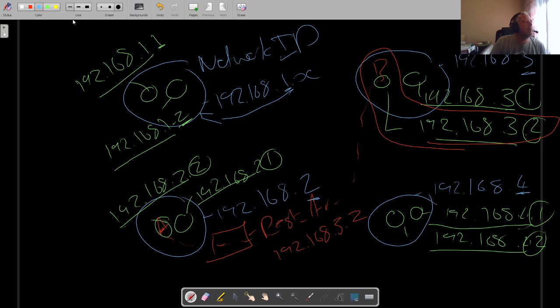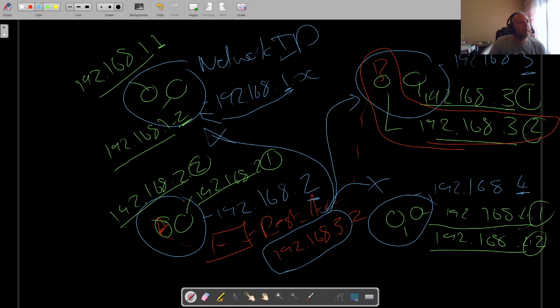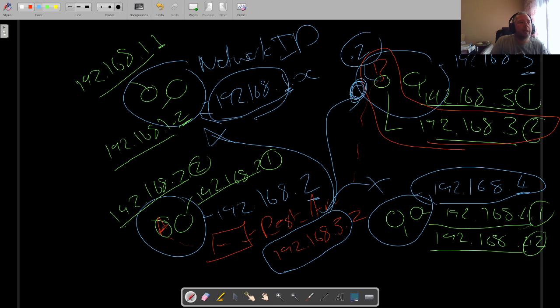The devices in the network will then see, oh okay, I need to send it to network 192.168.3. So it needs to go to that network, not that one or that one, because they've got different network IDs. And once it's inside the network, it then says, oh, I need to look for computer .2, and that's where the data needs to go.